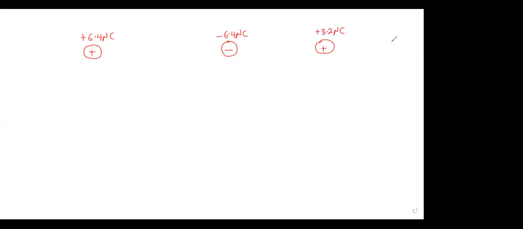And I have another point here, which is P. From here up to here, I have 0.5 meters. Always be very careful with the questions. From here up to here, I have 0.2 meters, and from here up to here, I have 0.3 meters.